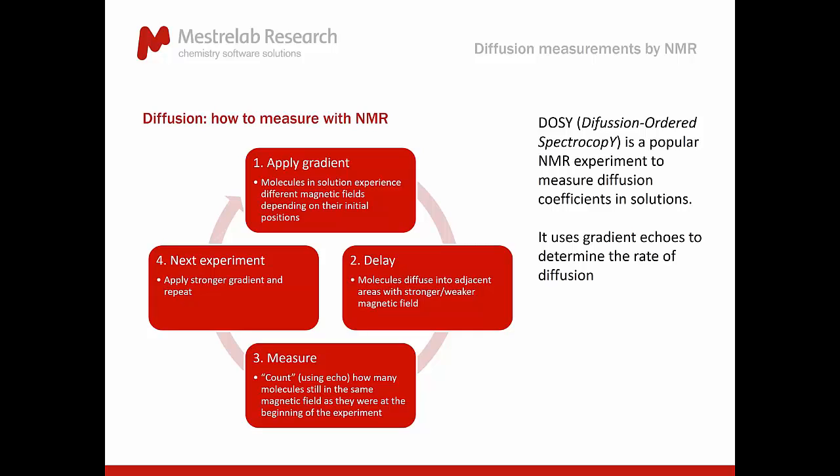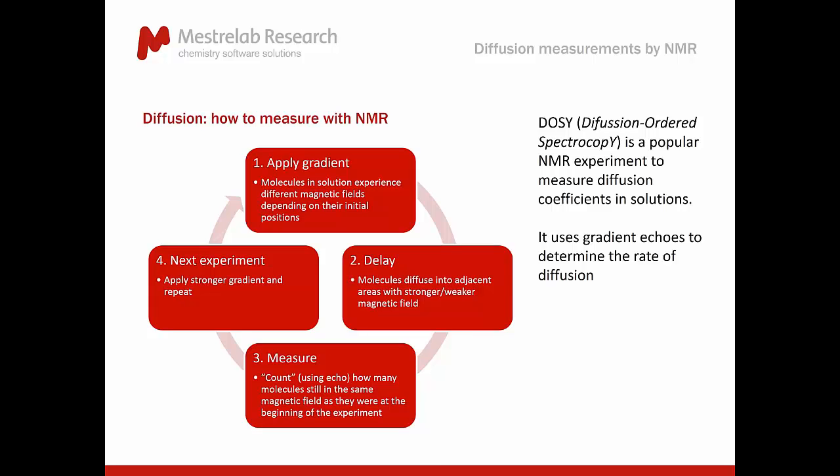But what we usually do is increase the gradient, and in this way, molecules don't need to move that far to move into a completely different magnetic field. So the stronger the gradient, the less distance a molecule has to travel to be in a completely different magnetic field environment. So by increasing gradients, you can see that our echo signal will decrease as a function of the gradients. And we keep repeating this experiment, increasing the gradient strengths.